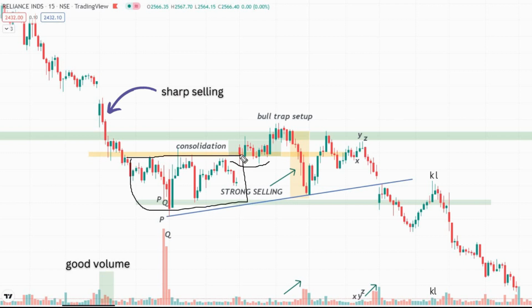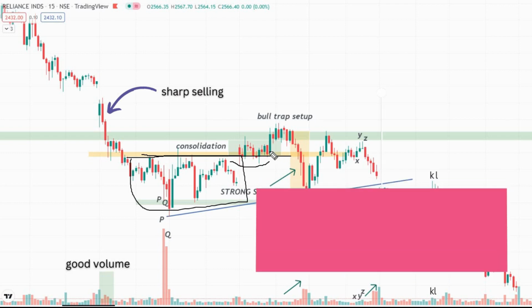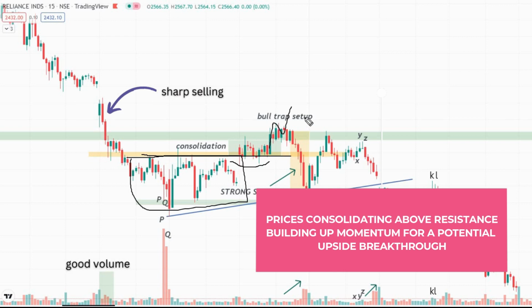and then we saw a consolidation above the support zone, indicating that buyers are in control over the selling side. So our expectation should have been that prices break this level and continue the upward momentum. Why?